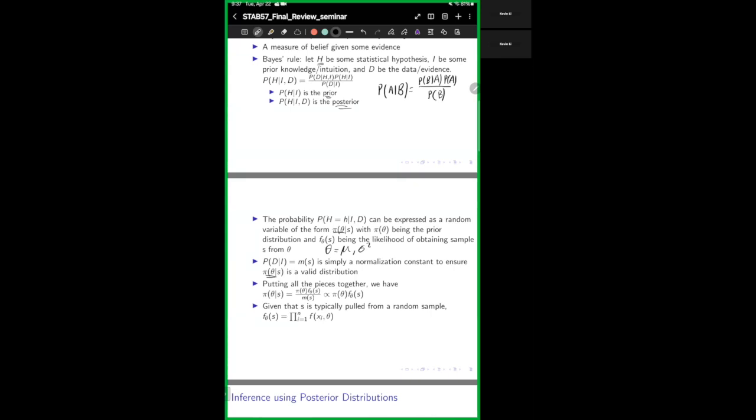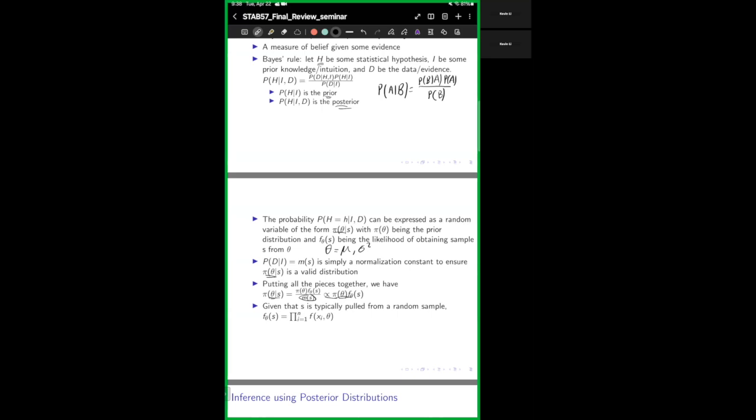At the end of the day, if we wanted this excluded, we are able to, as pi theta given S is proportional to just pi theta and f theta S. So this m of S value, we are actually allowed to ignore it as long as the final distribution has a total CDF of 1.